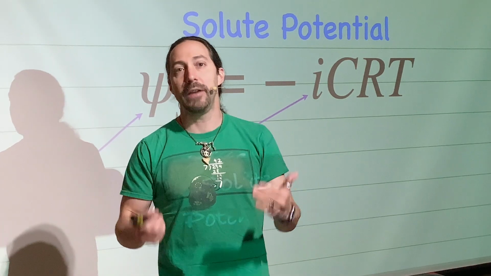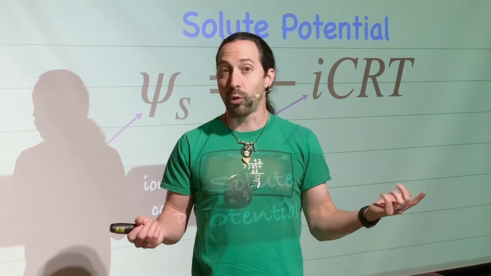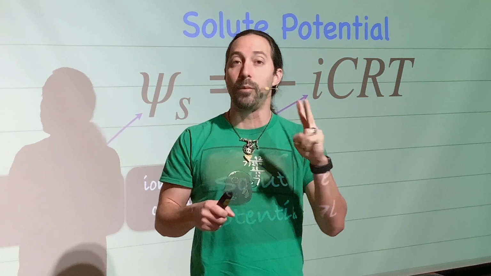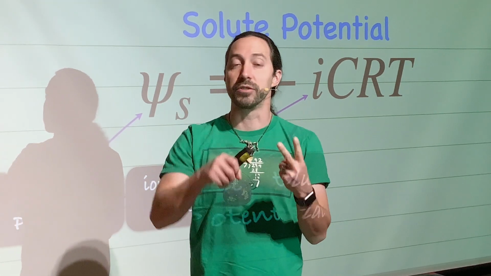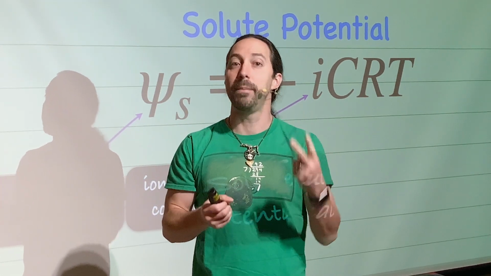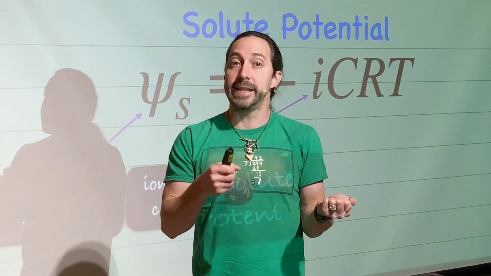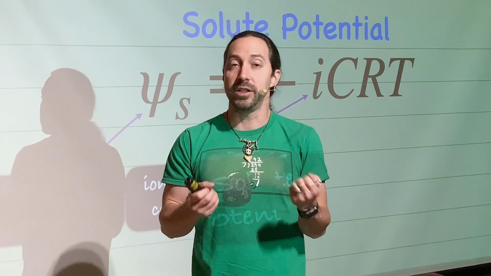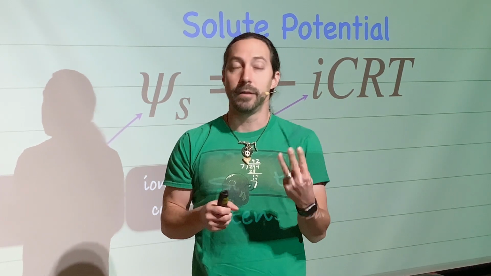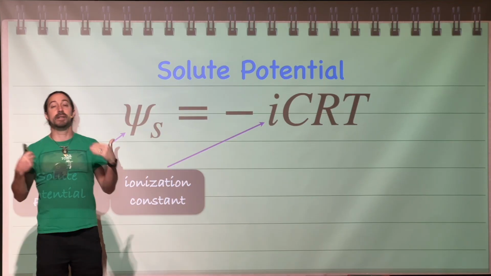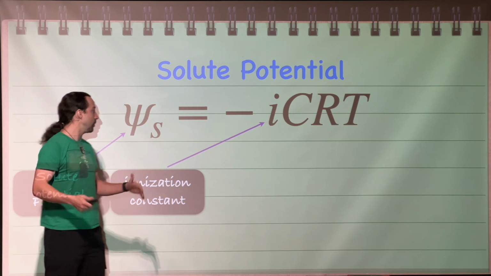For example, if this happened to be sodium chloride, NaCl, it will break down into two different particles, and so the ionization constant for that would be 2. If it were calcium chloride, which would be CaCl2, then the ionization constant would be 3, because it's the number of particles the specific solute would be broken into.